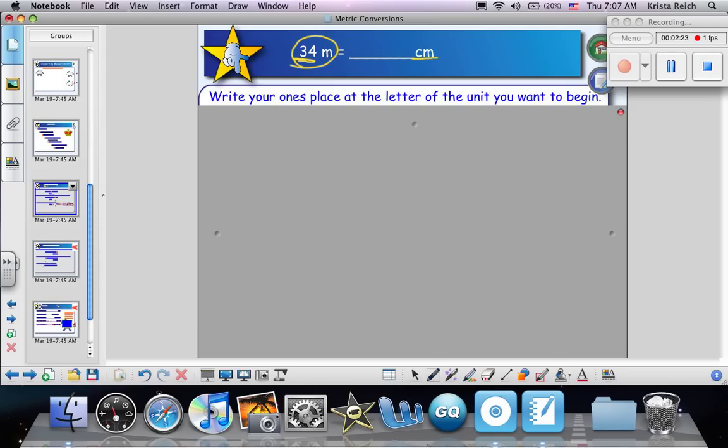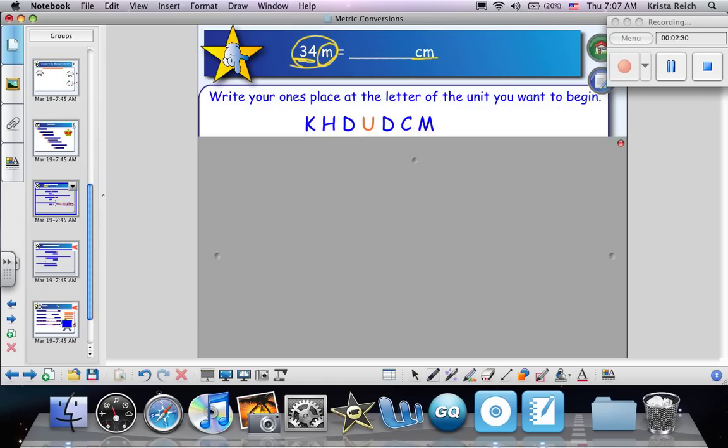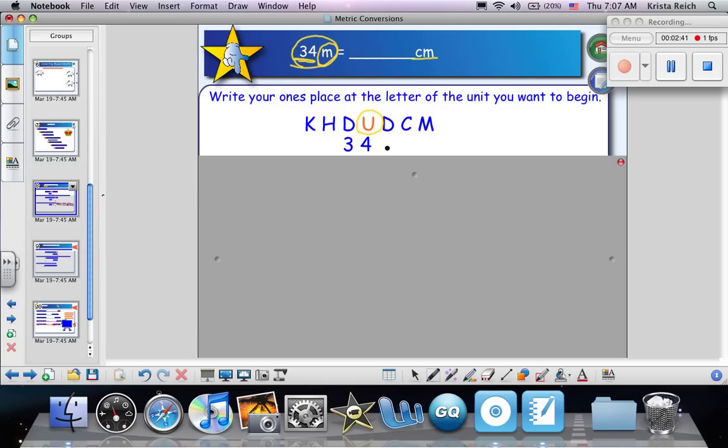We want to begin at this unit right here, which is meters. And this so happens to be our base unit. Remember, that's what I talked about, the three that it could be. So 34 meters. So we want to write the 4 under our unit, that is meter.